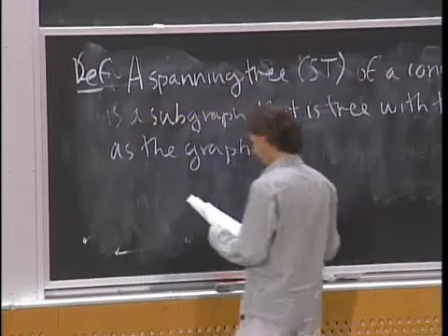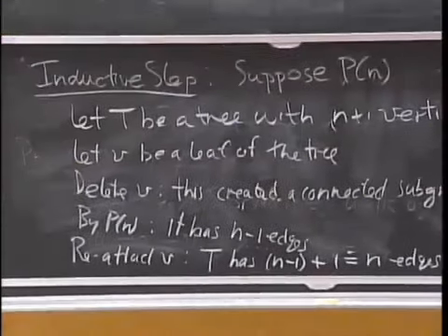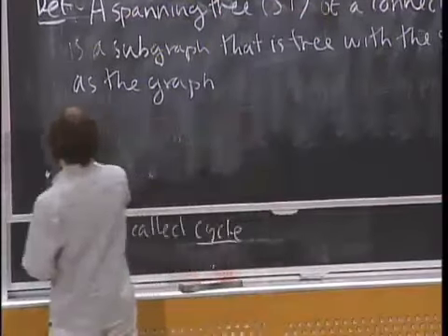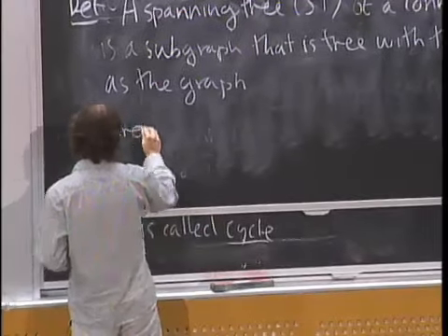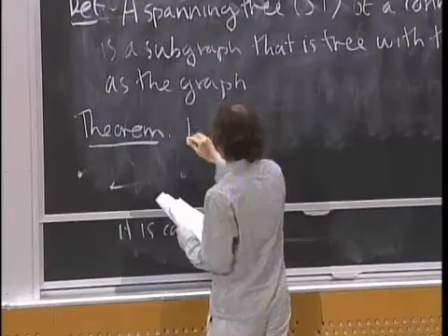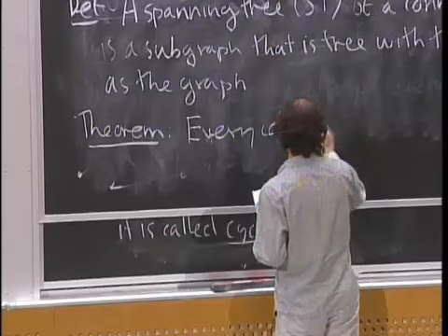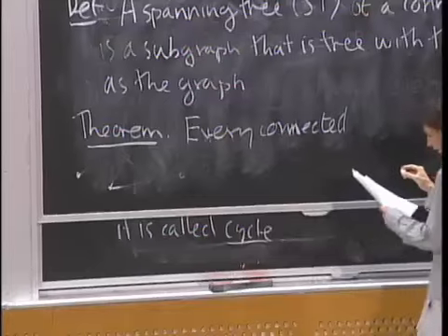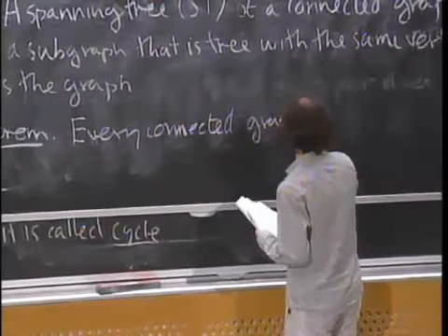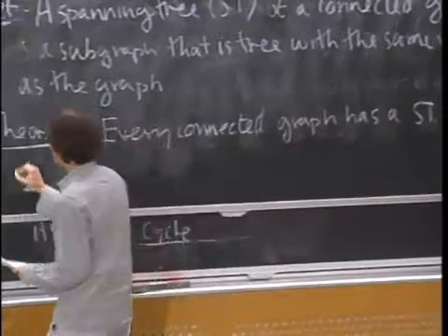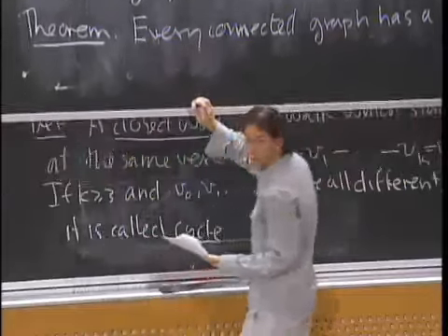Okay. And over here we have this example. So now what we want to show is the following theorem, that any connected graph actually has such a spanning tree. So the theorem is: every connected graph has a spanning tree, and let's think about a proof together.